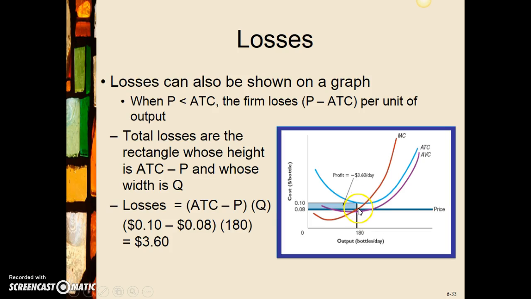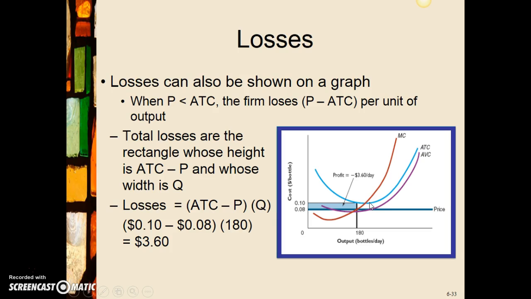So this middle range here, in between the minimum of average total cost and the minimum of average variable cost, is the negative profit zone, but the firm will still stay in business. And the last region is anything below the minimum average variable cost. If the price is less than average variable cost, we know the firm is going to shut down. So if the price was anything less than this point here, the firm will simply shut down and stay out of business. But anything above that, the firm will continue to operate in the short run. And if the price manages to get above this level, then the firm will earn positive profit.